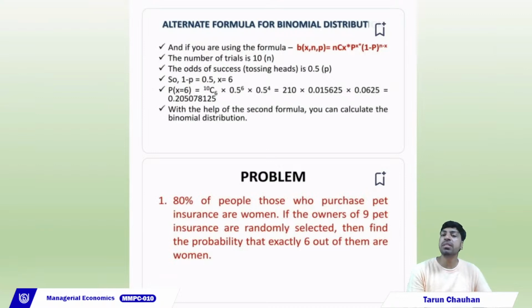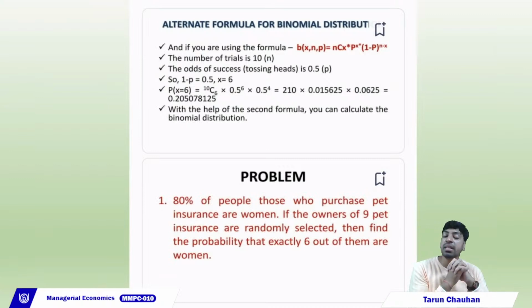Why is it positively skewed? Because the p value is less than 0.50. If p is 0.50, it is symmetric. If p is more than 0.50, it is negatively skewed. If the p value here is 0.20, it means it is positively skewed. How do you interpret the value of probability using this approach?